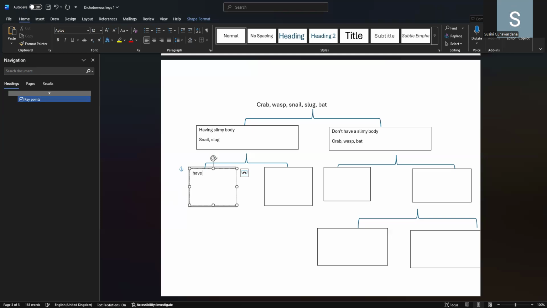You can write have a shell, and here don't have a shell. Having a shell will be snail. Don't have a shell will be slug.